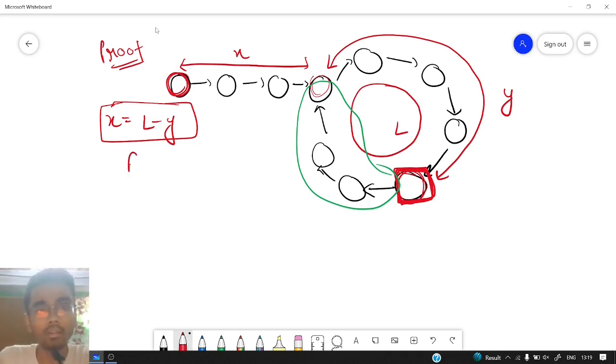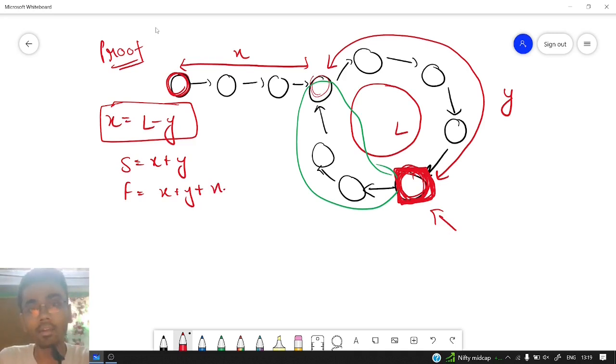So, we know that our slow pointer first will meet at this point. So, our slow pointer must cover x plus y distance to come at this particular node. And our fast pointer will also cover x plus y distance, plus it will additionally cover some amount of this complete round, because fast is moving twice the speed of slow pointer.